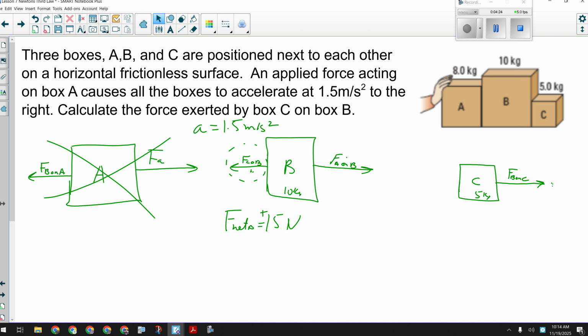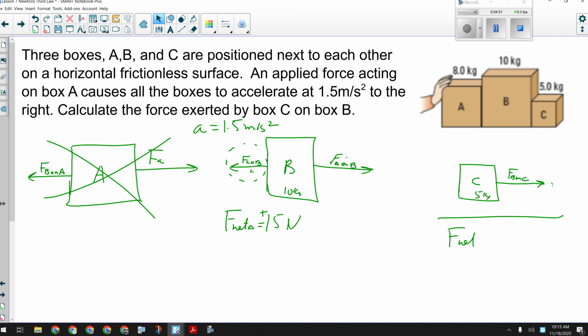How does that help me? Well, the force I'm looking for is equal and opposite to the only force acting on box C. Is that pretty easy to calculate? If it's the only force, it's the net force. And I can calculate that because I know the mass and the acceleration of that box.